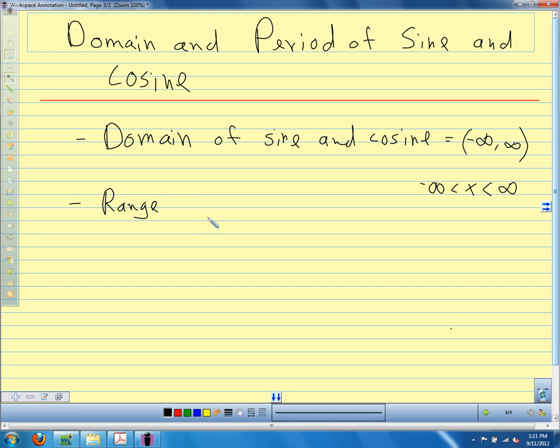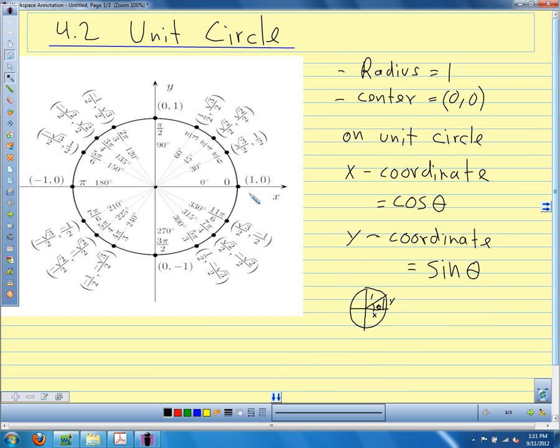Looking at our unit circle, let's go back to our unit circle here. Let's look at the cosine. The cosine starts at 1. It goes from 1 to square root of 3 over 2, square root of 2 over 2, 1/2. And then here at the y-axis, the cosine is 0. So it starts at 1, it goes to 0. Now it goes negative: negative 1/2, negative square root of 2 over 2, negative square root of 3 over 2.